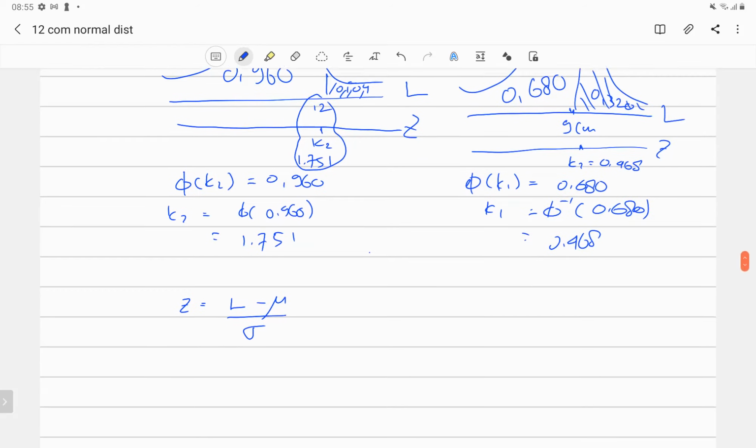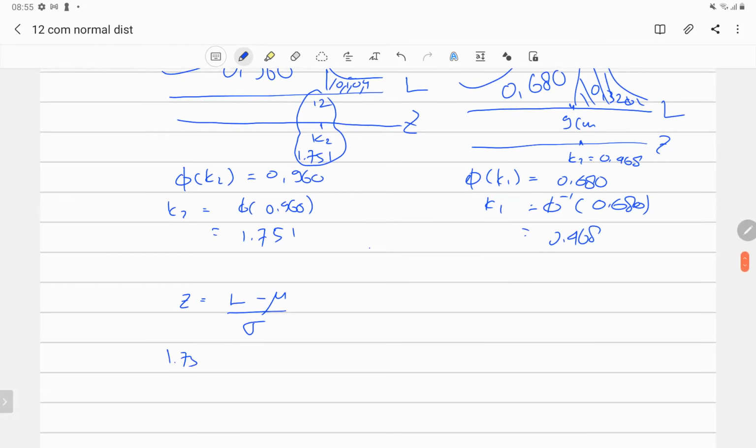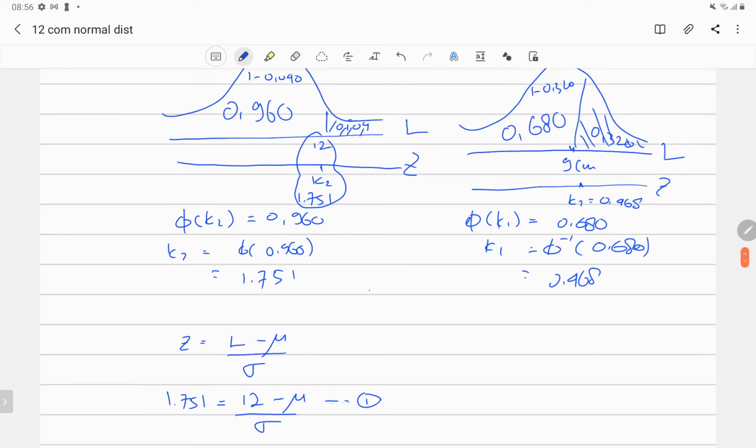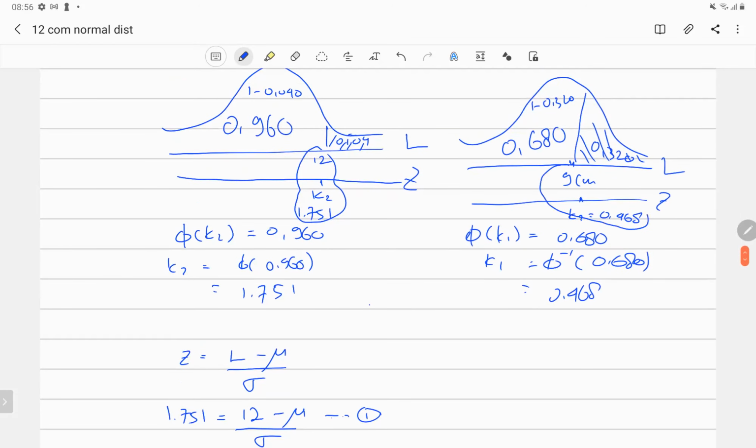Let's put the values here. When Z is 1.751, that's going to be 12 minus an unknown mu, over sigma. This is our equation number 1. We're going to have simultaneous equations. For case number 2, with the same formula here, we find out that it is between 9 centimeter and 0.468 in the other scale.